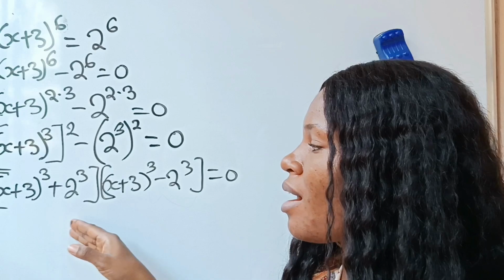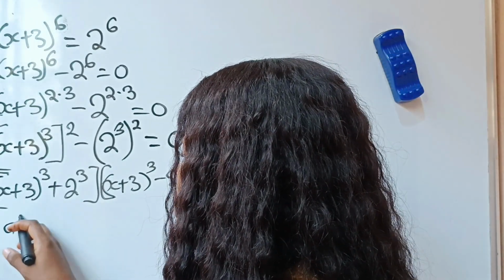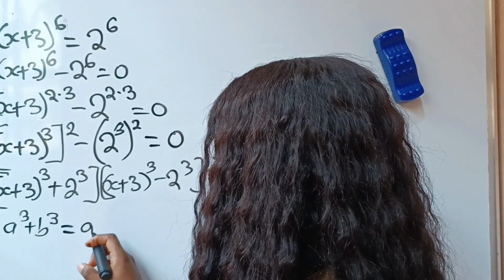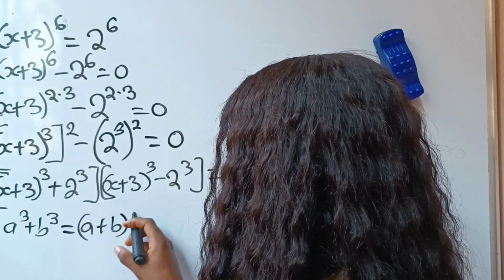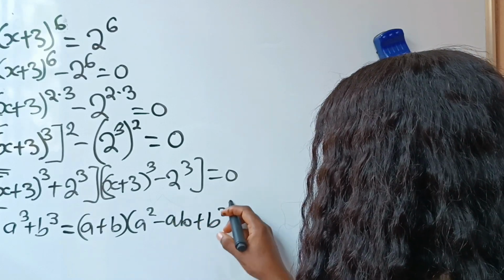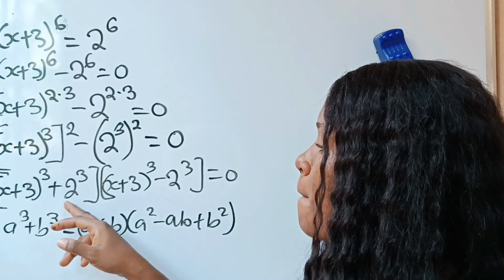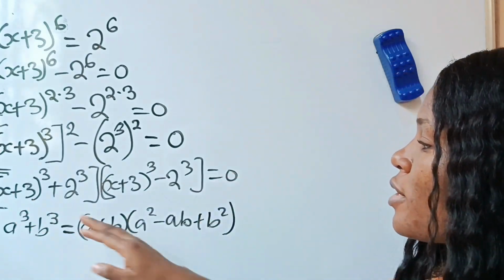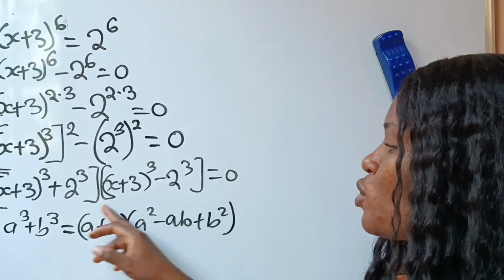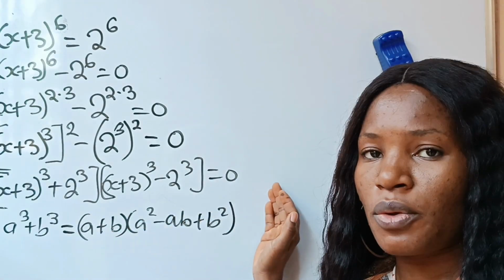Now we have another identity that says that a^3 + b^3 is equal to (a + b) multiplied by (a² − ab + b²). In this case, our a is x + 3 while our b is 2. So we are going to express this in this form. But first of all, we have two brackets being multiplied together and they are equated to 0.